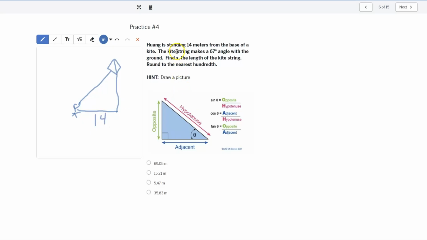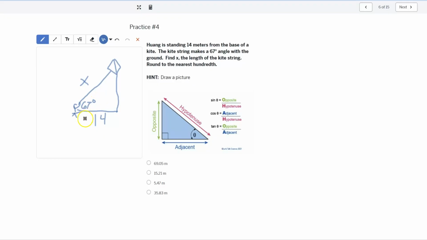Now the kite string makes a 67-degree angle with the ground. So right here, here's the kite string to the ground, 67 degrees. Imagining he's holding it to the ground, I guess. Now it says, find x, the length of the kite string. So the kite string would be from where he's holding it up to the kite.